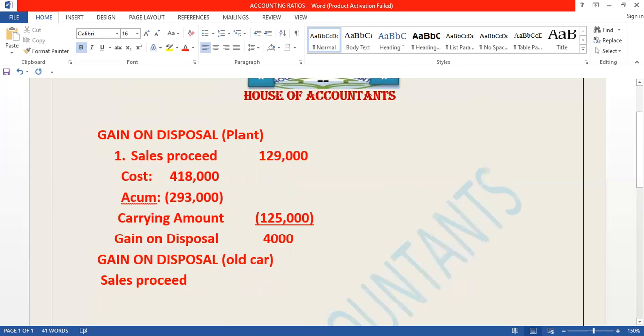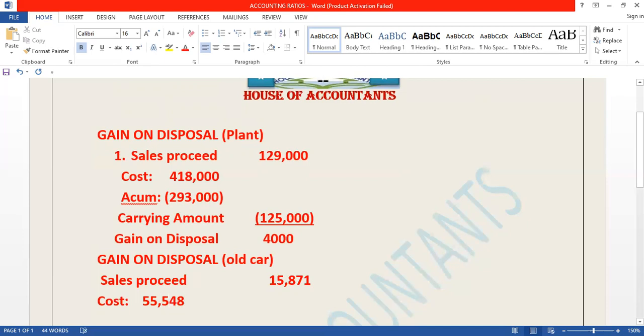Okay, so what is the sales proceed of that vehicle, the old vehicle? 15,871. Okay, now, what is the cost of that asset? 555,548.